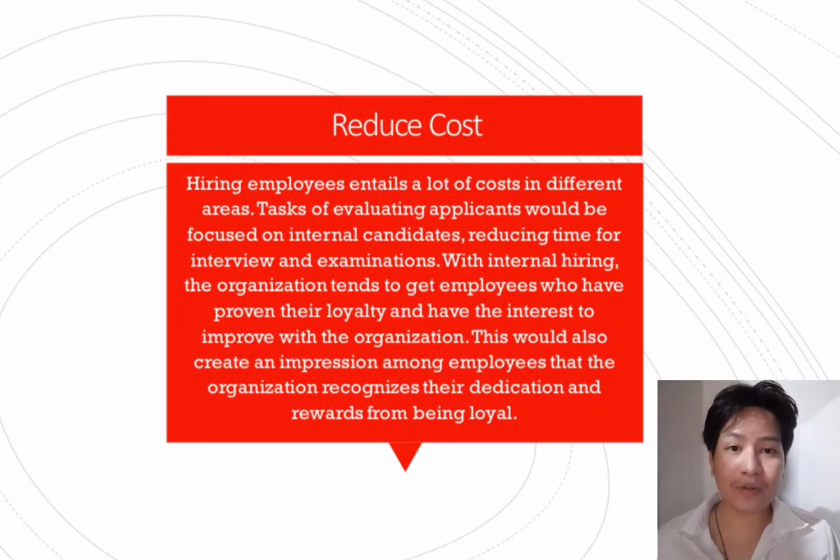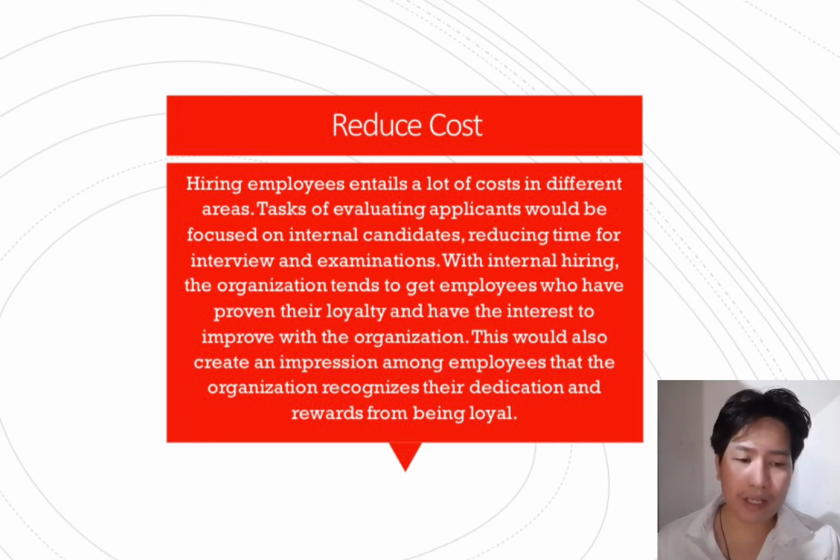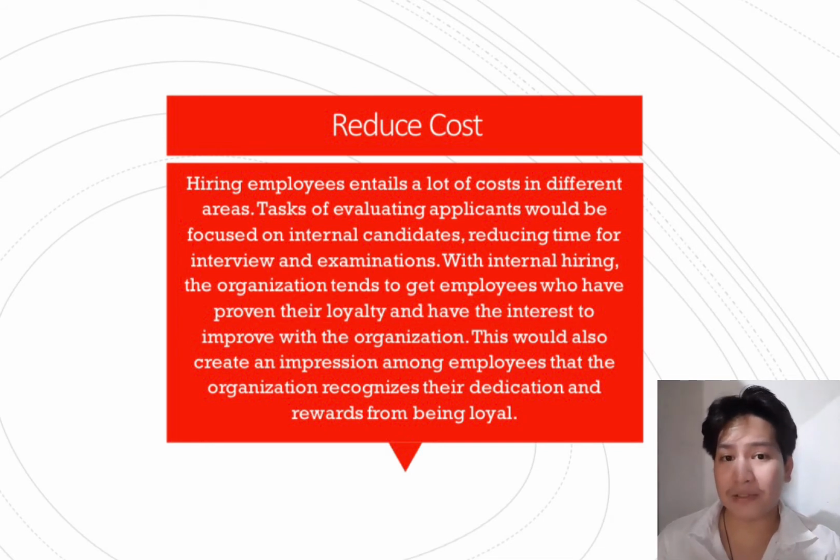Number 6 is reduce cost. Ang nilalaman lang naman dito sa may paliwanag na to is kapag daw nagsagawa yung kumpanya or yung organization ng recruitment, mas mapapagastos sila, mas malaki ang gastos doon.